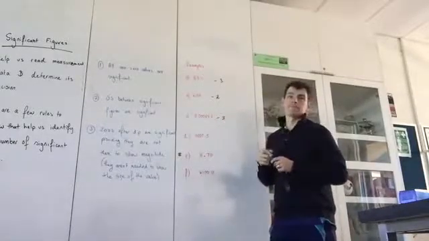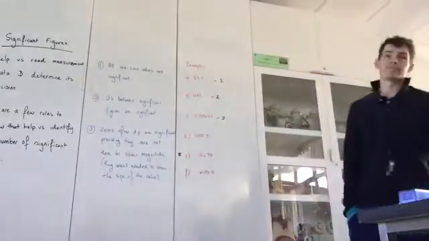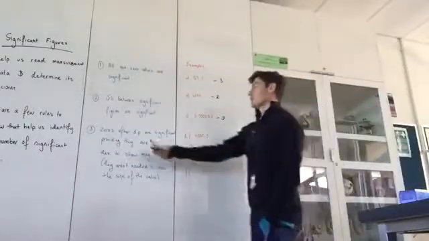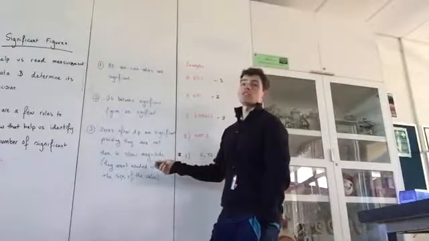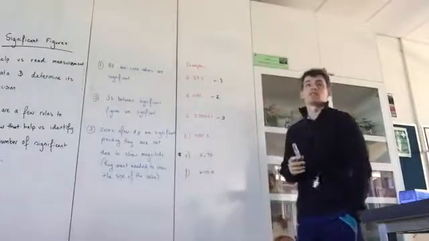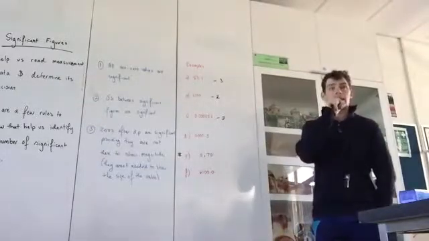Three. Why does that have 3? Because yes, the zeros are after the decimal place, but they are there to show the size of the number. I'm going to give you an example of one in a couple of seconds that isn't like that.